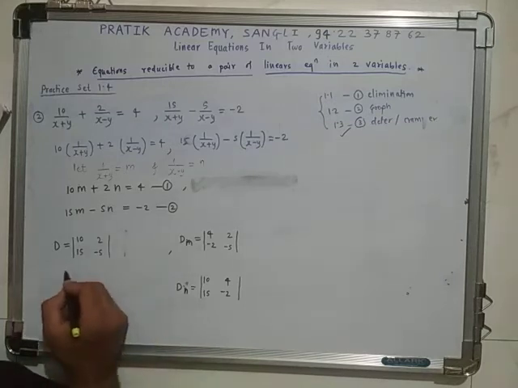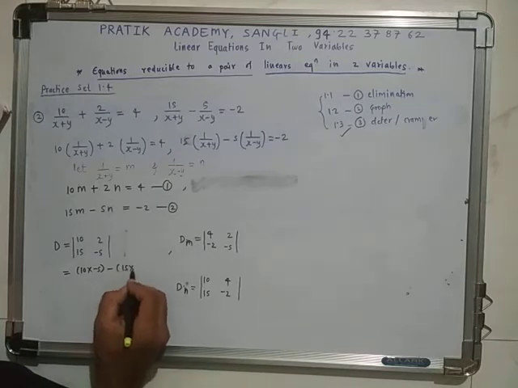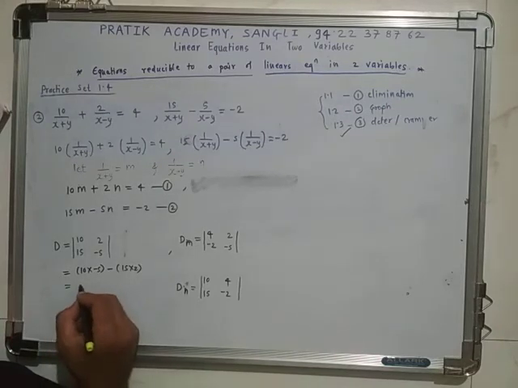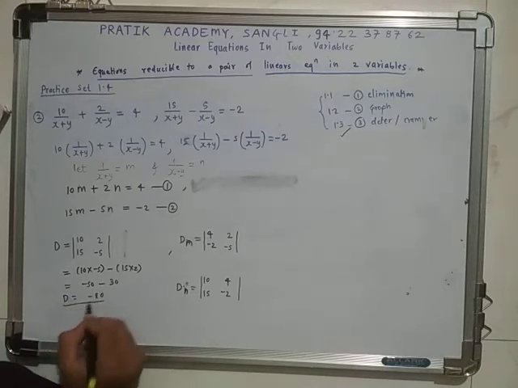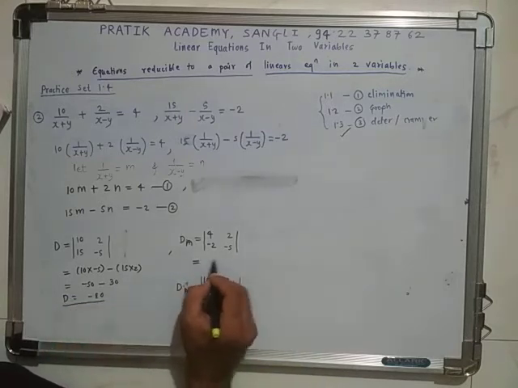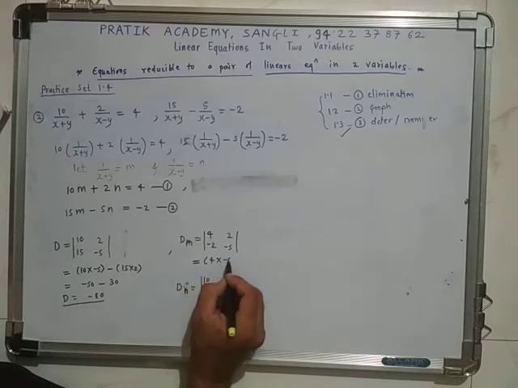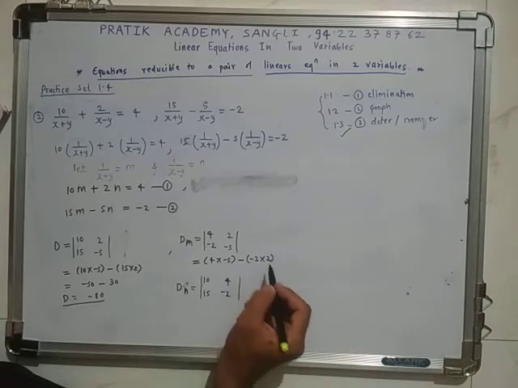So make calculations here. 10 into minus 5, 15 into 2. 10 into minus 5 is minus 50, minus 30, so it is minus 80. Value of D is minus 80. What is Dm? 4 into minus 5 minus 2 into 2.